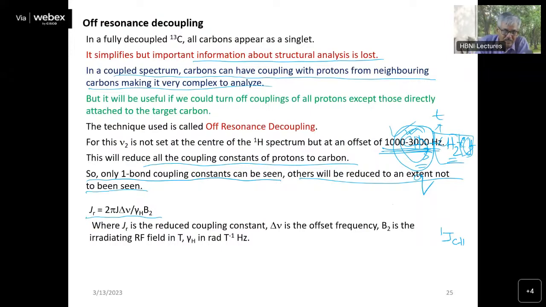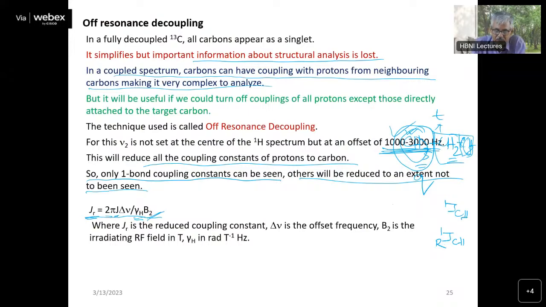What is the reduction? That is called the reduced coupling constant, which is nothing but 2 pi J, the original J value of that original 1JCH. This is the reduced JCH, and delta nu is that offset value that you are taking, divided by the gyromagnetic ratio and the field strength of B2.